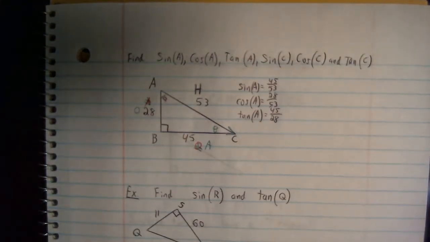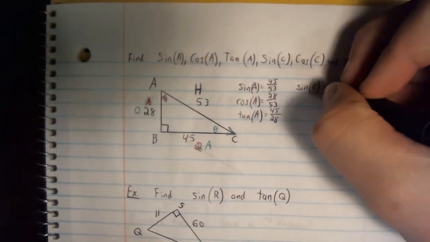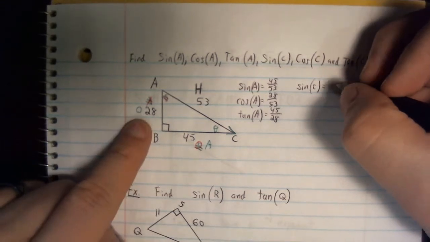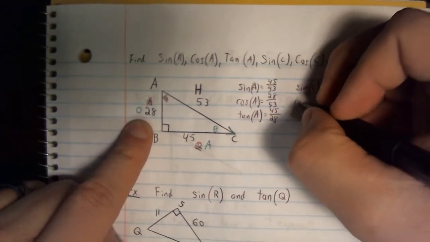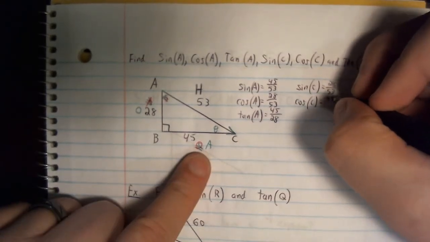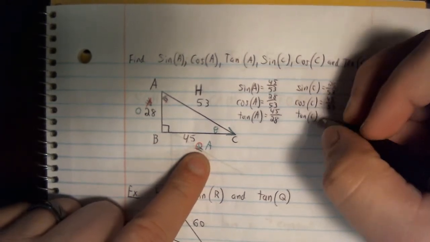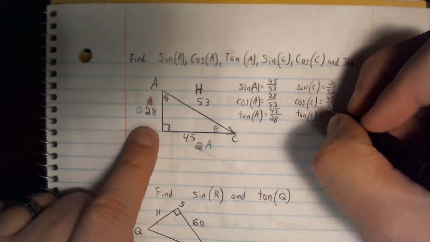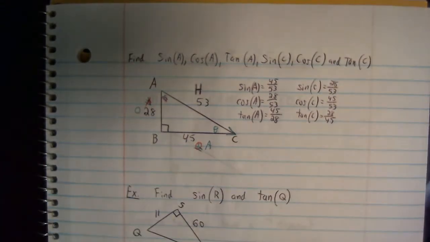So when I do sine of C, I'm looking at 28 over 53. Cosine of C, I'm looking at 45 over 53. And tangent of C, I'm looking at 28 over 45. Hopefully you came up with those same solutions.